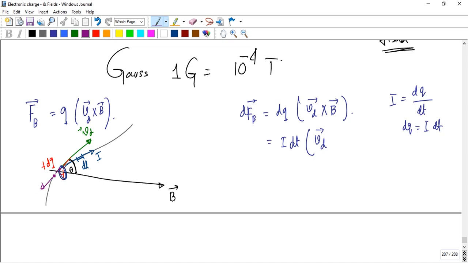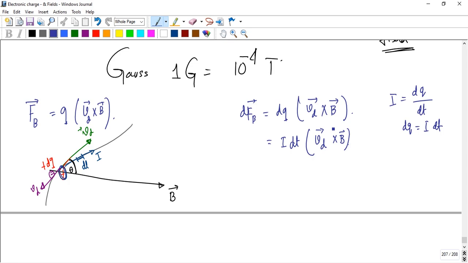If I consider an electron, it moves in the opposite direction of the current, while a positive charged particle moves in the same direction as the current. That's Vd cross B.